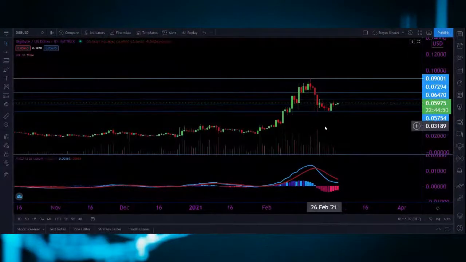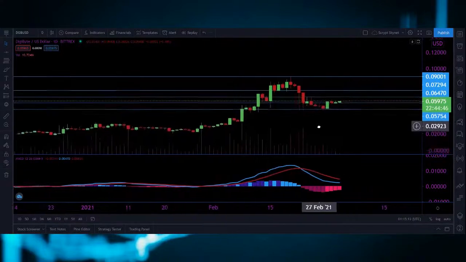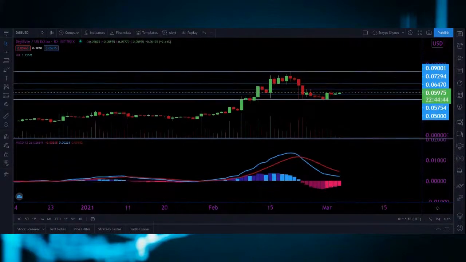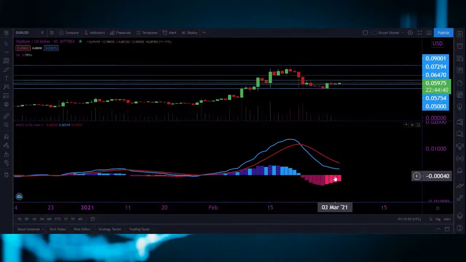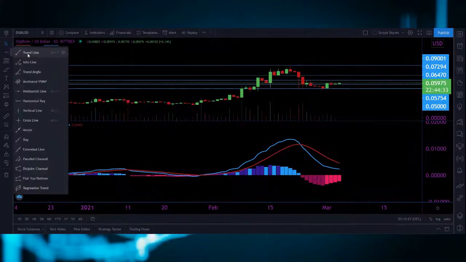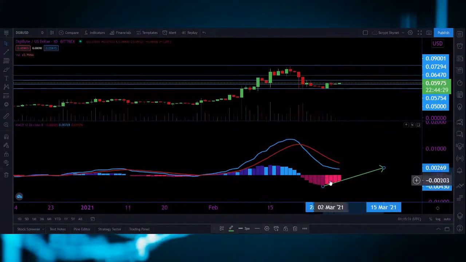So this is DigiByte on the daily. We have the MACD down here, and we have, give or take, 4 more days. If we still trend up like this, and the red on the histogram ticks this way, and we finally get a blue histogram right about here, that's 4 days.